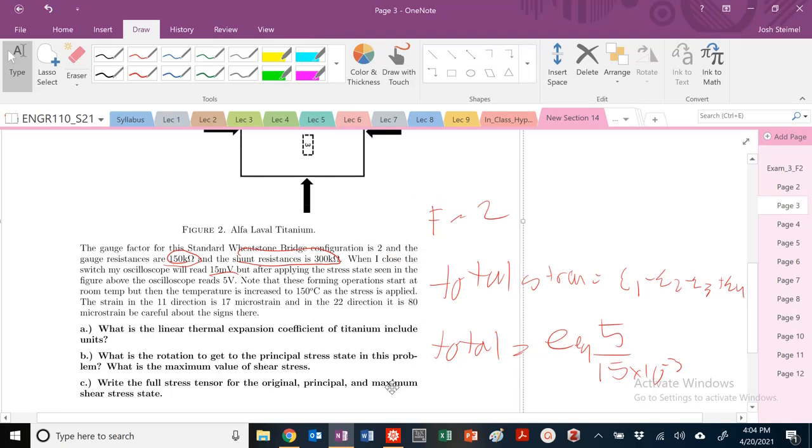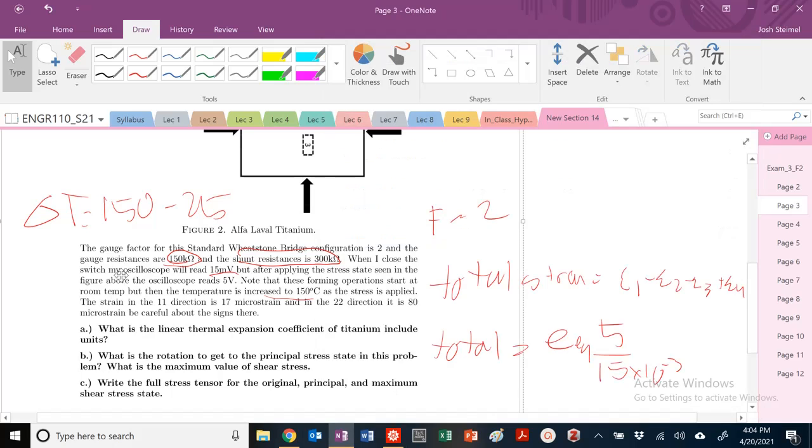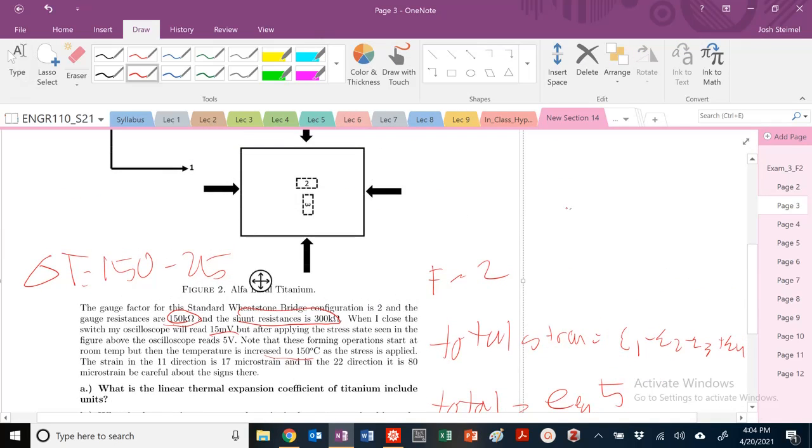These forming applications start at room temperature, but then the temperature increases to 150 Kelvin, or excuse me, Celsius. So the change, delta T, was 150 minus 25 degrees C, and the same thing for degrees Kelvin. So my delta T is equal to 150 minus 25. Excellent. My strain in the 1,1 is equal to 17 microstrain, 17 times 10 to the minus 6.